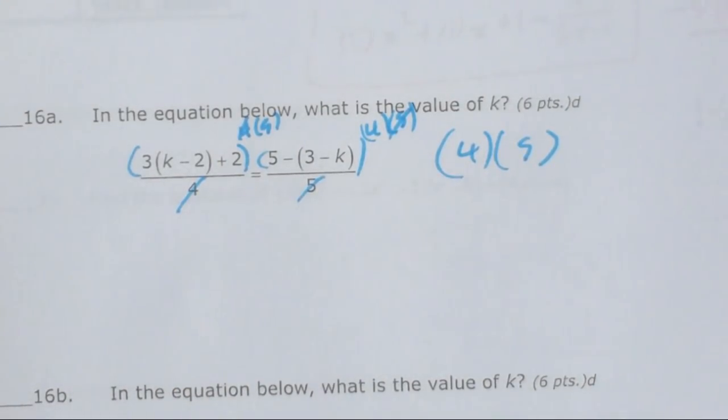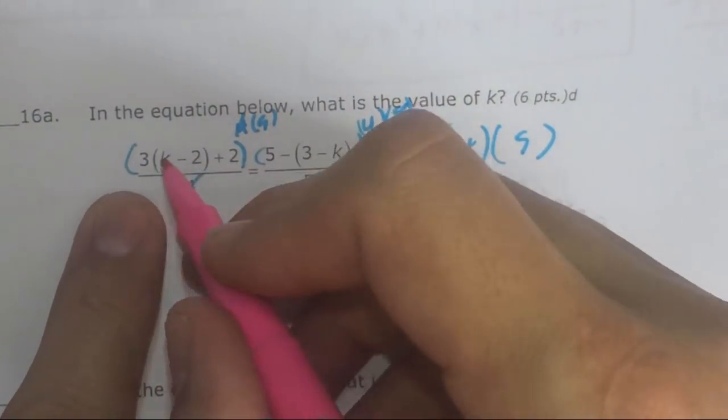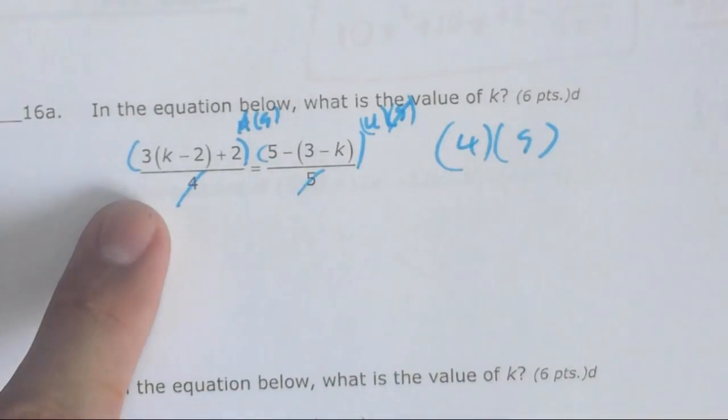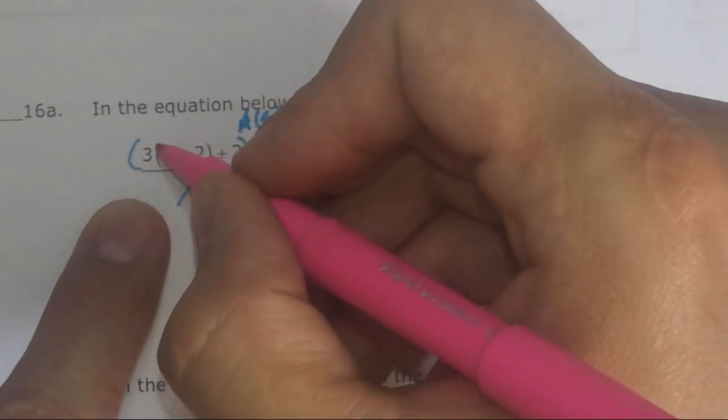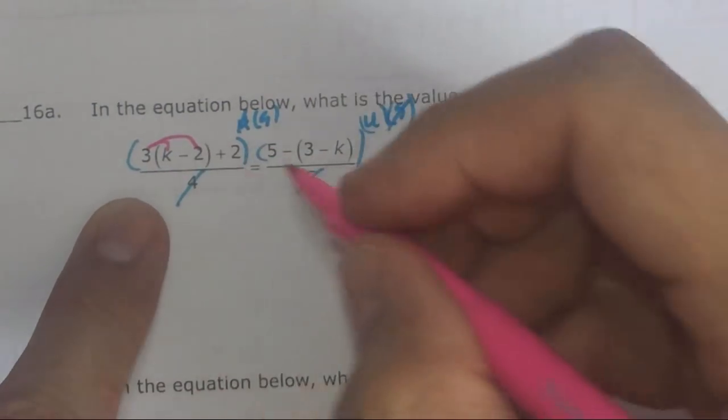What I would like you to do first, which I didn't do, is simplify everything in here before you multiply by 5. I can distribute this and then add that.